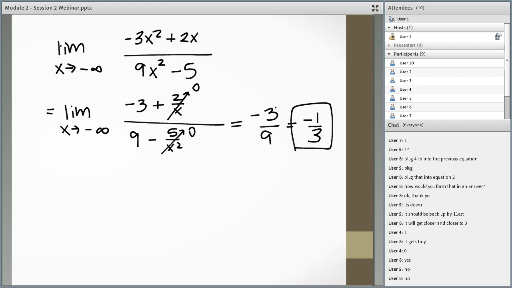So the reason again that I chose the denominator is by me dividing out the x squared, I'm ensuring that whatever that coefficient that was in the denominator, in this case is a 9, it's going to stay there, which means that we won't end up with a 0 in the denominator.